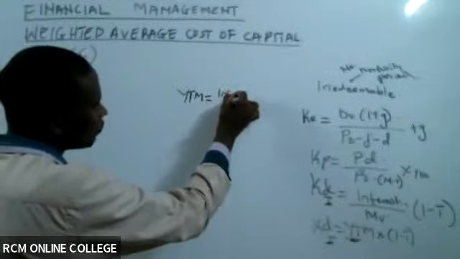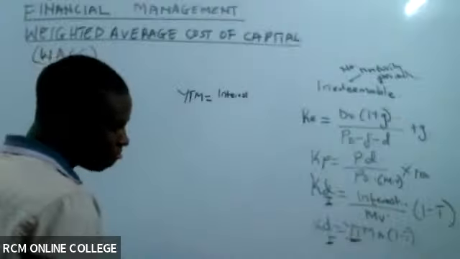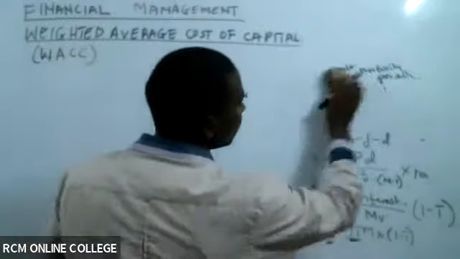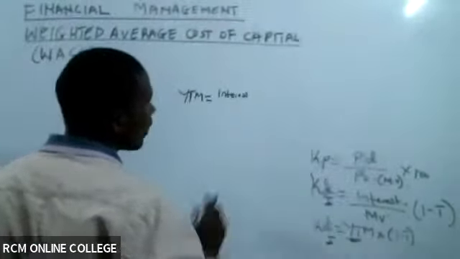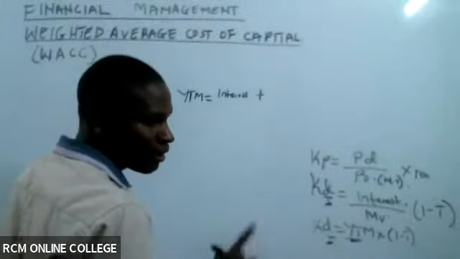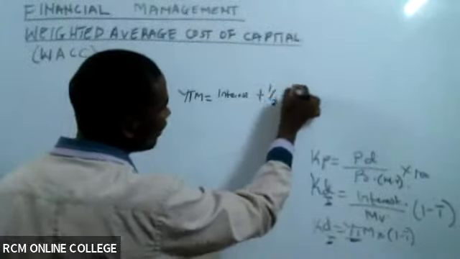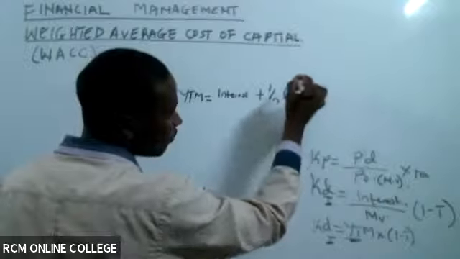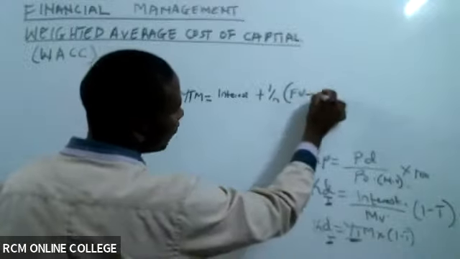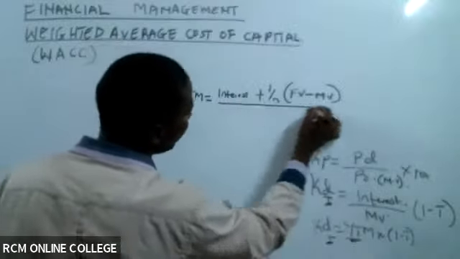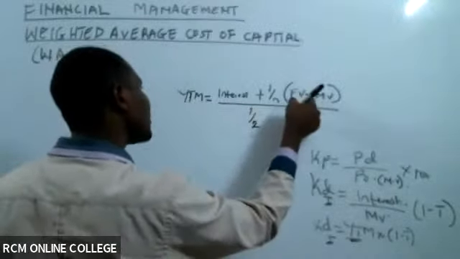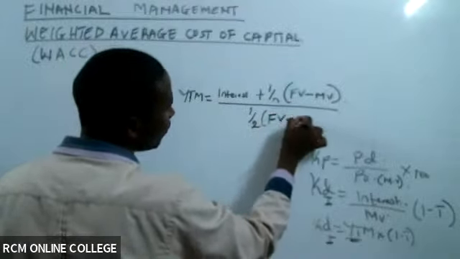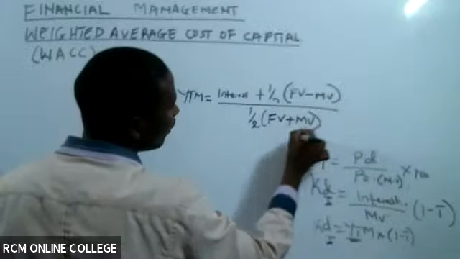You get interest, then you add 1 over n into bracket, face value minus market value, then divide by a half of this, but now the sign changes: a half of face value plus market value, and then that will be it.